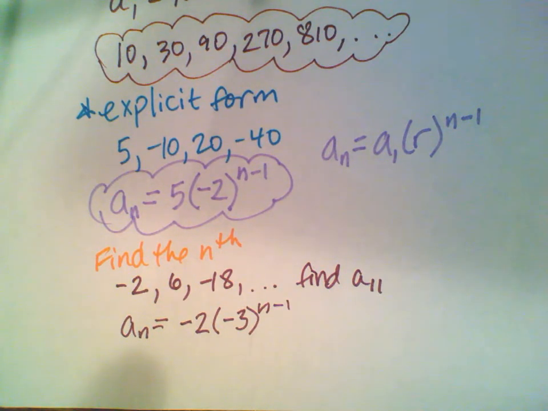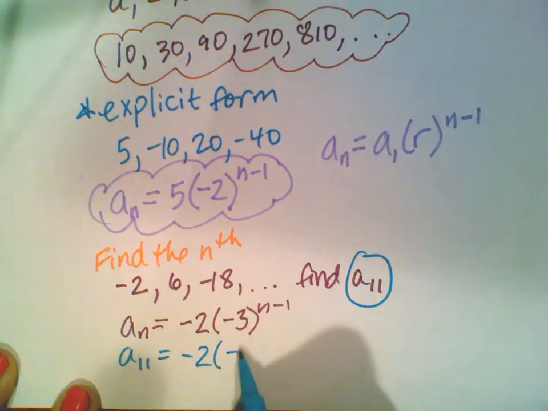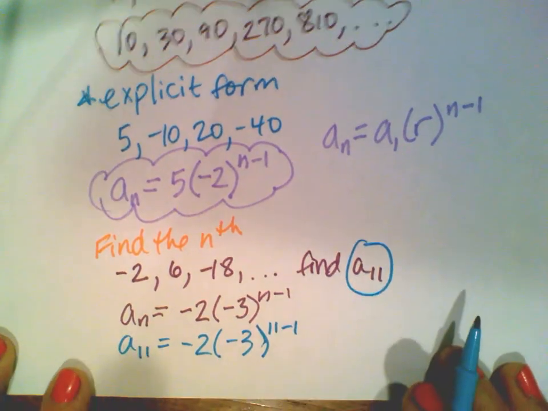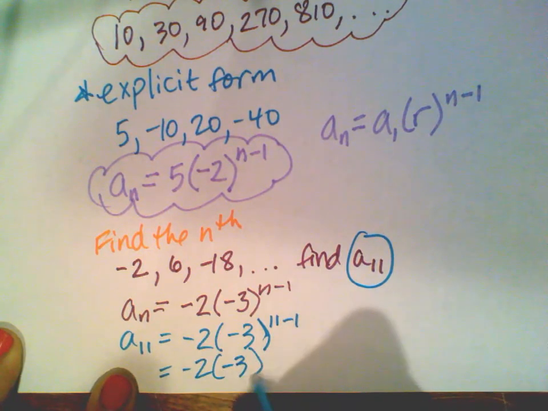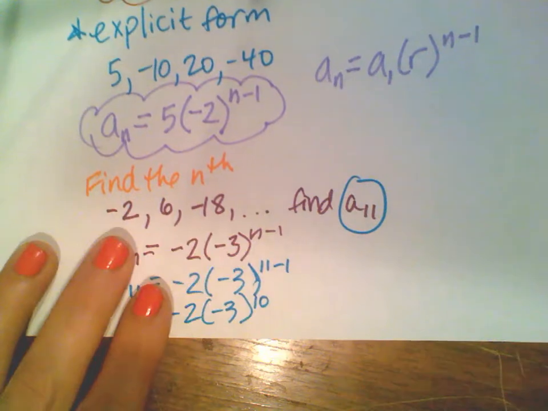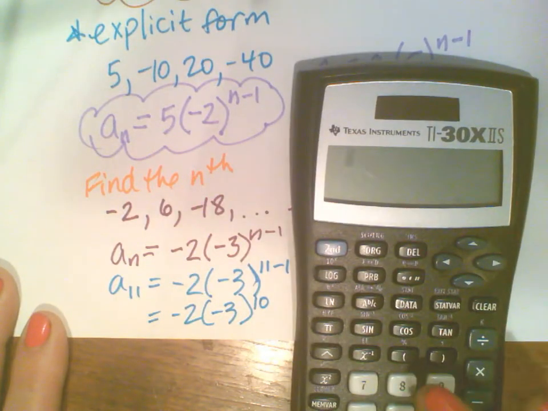But then when I want to go ahead and find the 11th term like it asked for, so I want to find a sub 11, I would put 11 in. So this is -2 times -3 to the 11 minus 1 power, or -2 times -3 to the 10th power. And remember, we have to use our caret key for that. So I pull out my calculator, use your phone, whatever you need to do.